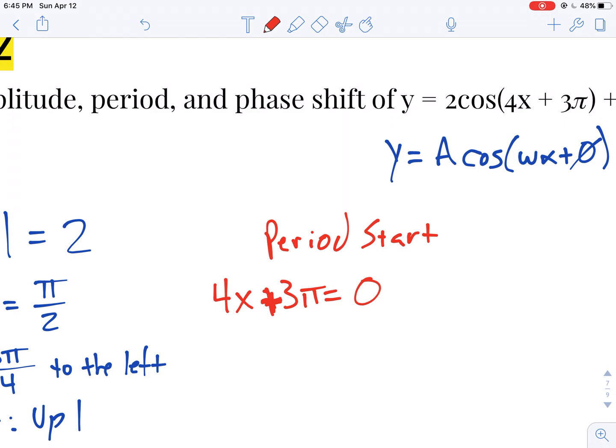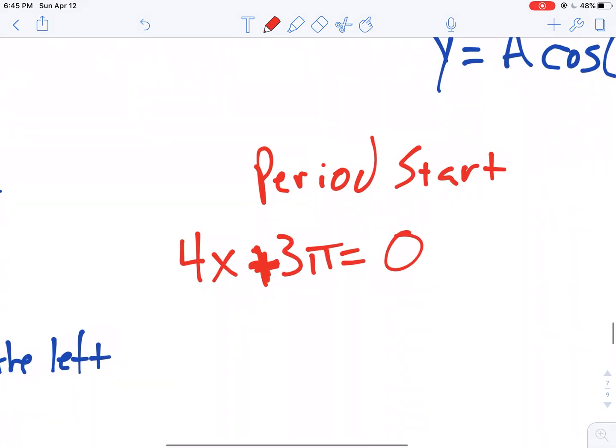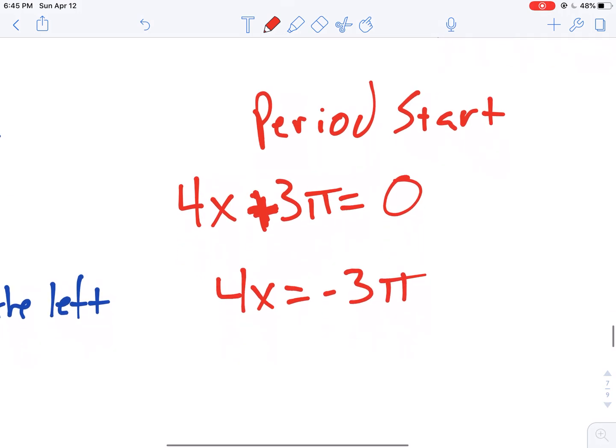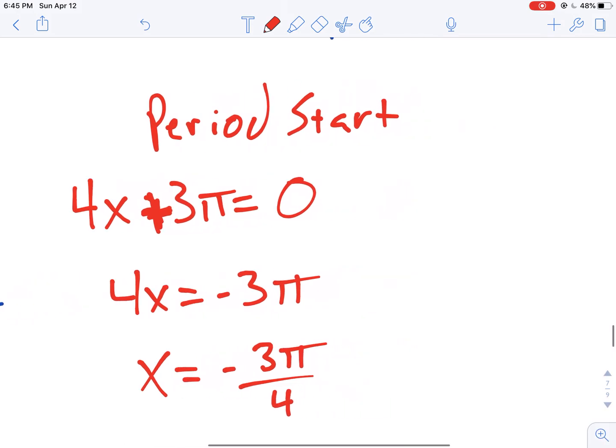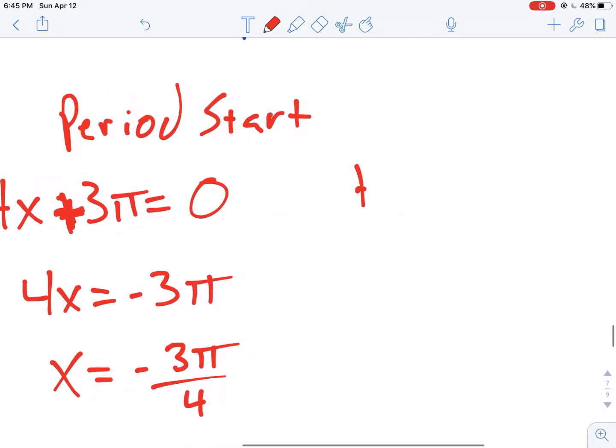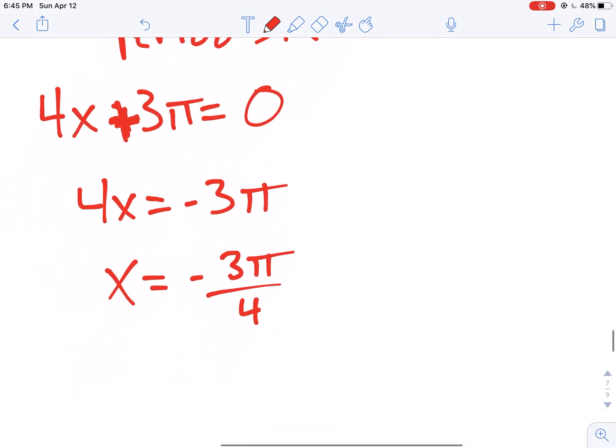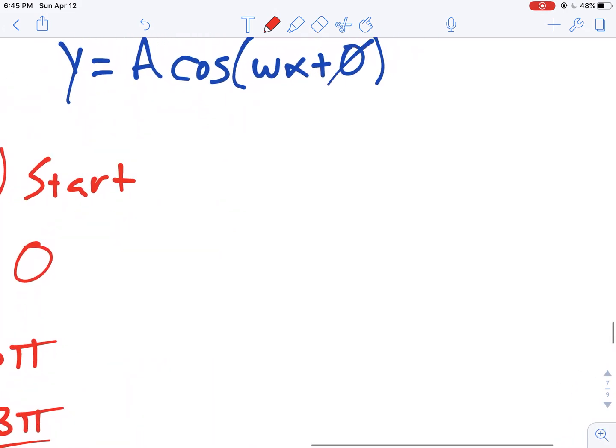I'm not going to try to figure out omega x minus phi. I'm not going to try to figure out if my phi is positive or negative, all of those. I'm just going to take what's inside the cosine and set it equal to 0. 4x is equal to negative 3 pi. x is equal to negative 3 pi over 4. So I now know that this is where my period has to start.